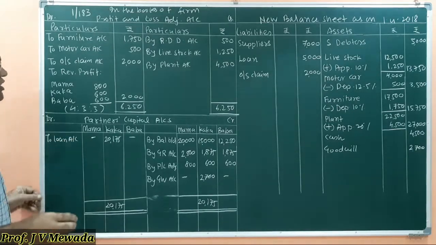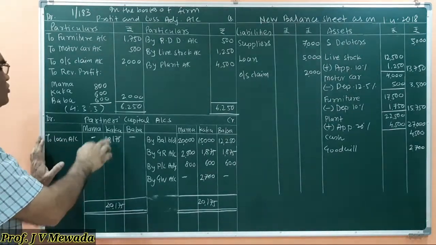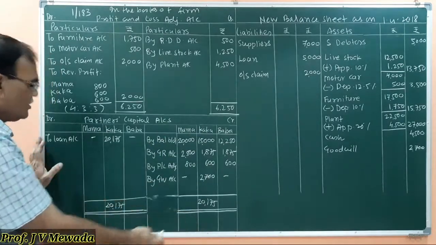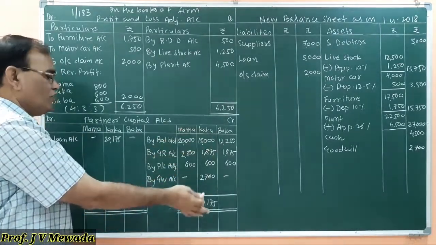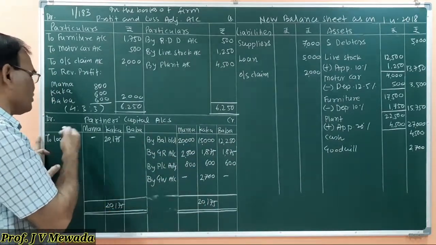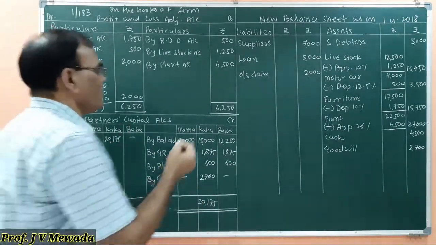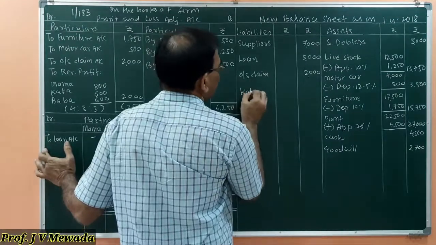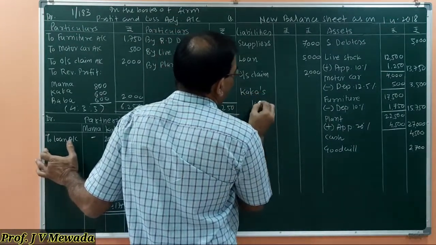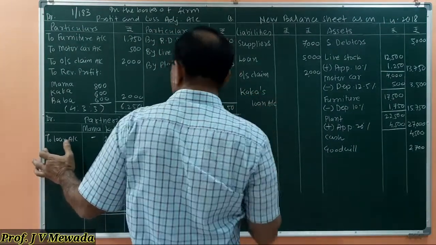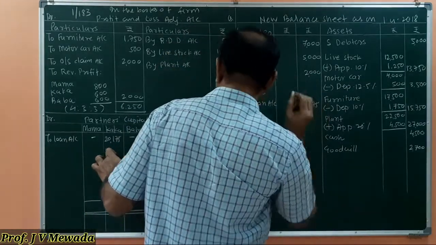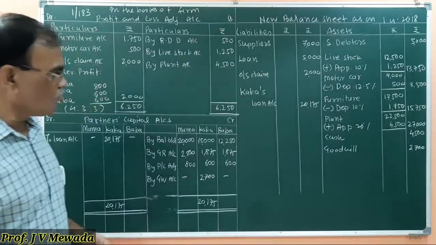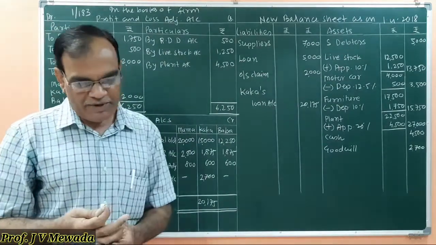So whatever amount is due to Kaka, now Kaka is retiring, so whatever amount is due to Kaka, 20,175 is to the credit of Kaka, so that we have to transfer to his loan account. And that loan we are going to write Kaka's loan account, and that is 20,175.